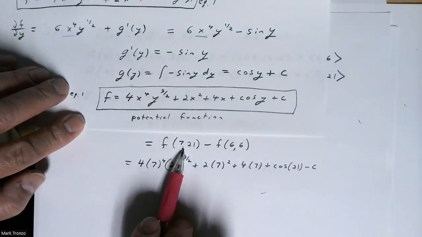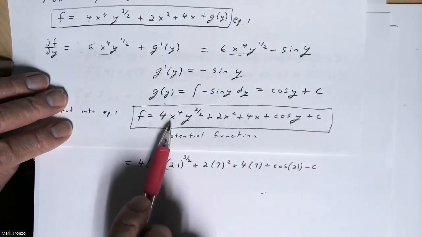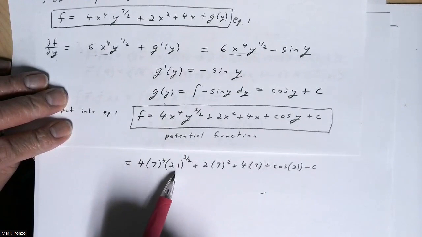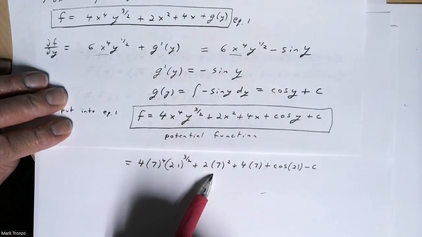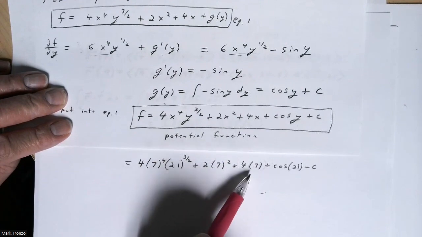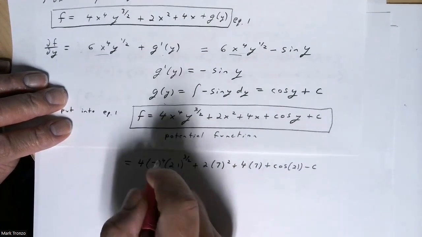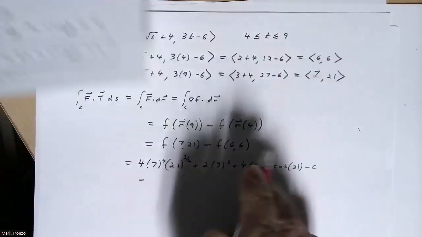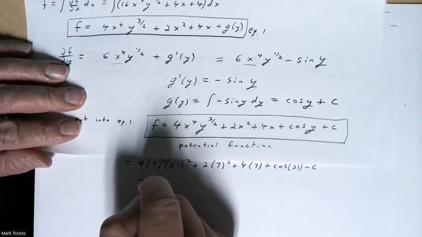All I did was put our second point 7, 21 into this function here like this. 7, 7, 21. And then do the same for our lower point, which was 6, 6. This was our initial point.